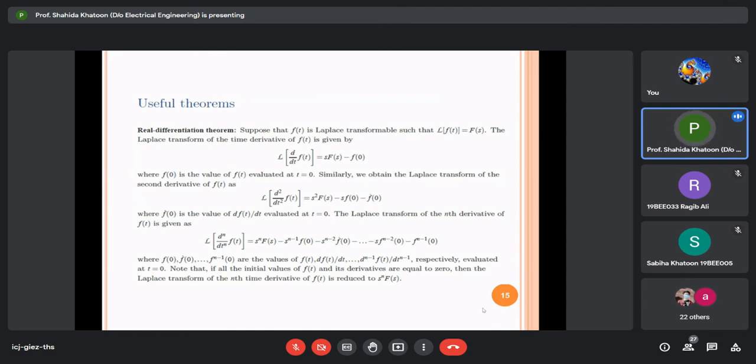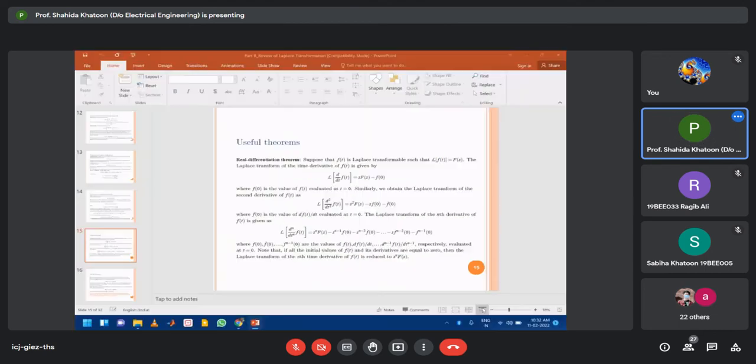So if all the initial values of f(t) and its derivatives are equal to 0, then the Laplace transform of the nth time derivative of f(t) is reduced to s^n F(s). Okay, so please note down the theorem.